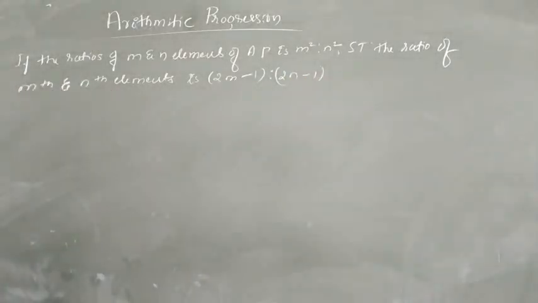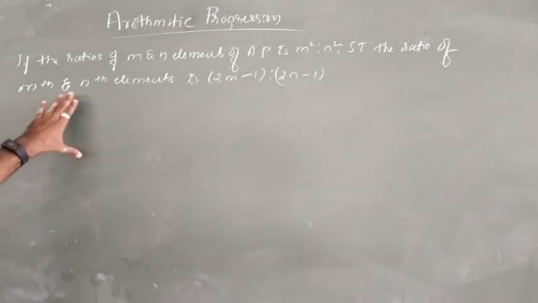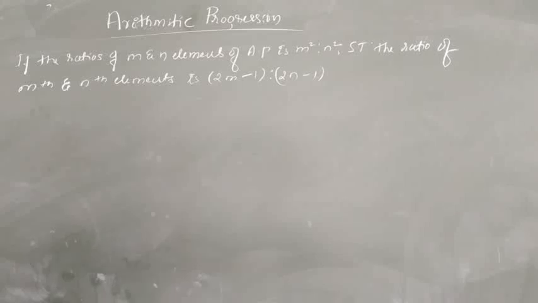If the ratio of the sums of m and n elements of an AP is m square is to n square, what we have to show is that the mth and nth elements, that is tm and tn, are in the ratio 2m minus 1 is to 2n minus 1. Okay.